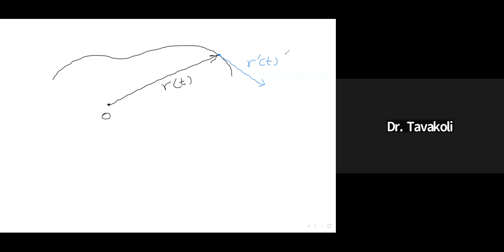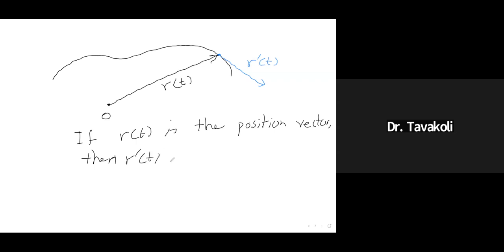So in fact, if r of t is the position vector, then r prime of t is the velocity vector.